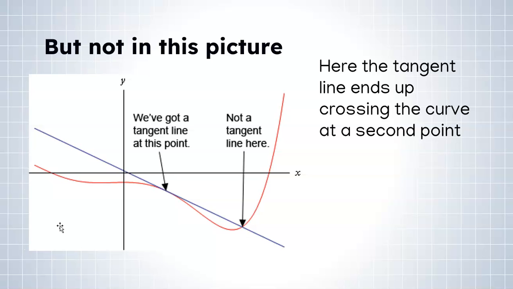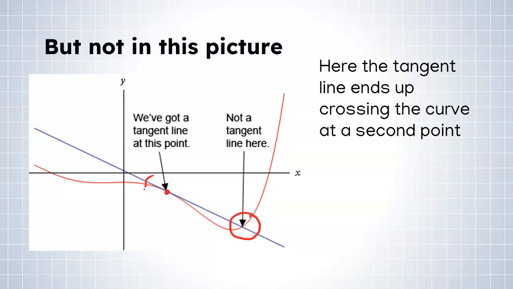but it would not work in this picture. In this picture, we see that at the point P right here, we have our tangent line, but we notice it also crosses the curve over here. So I can't officially say that the tangent line is a line that crosses a curve at one point because that would not be true in this picture.